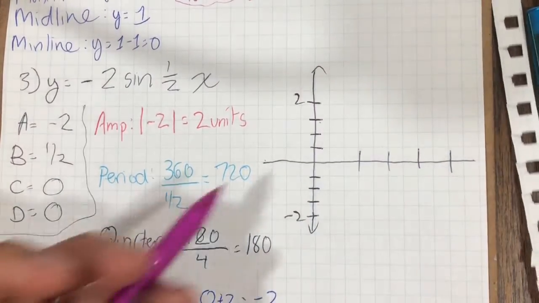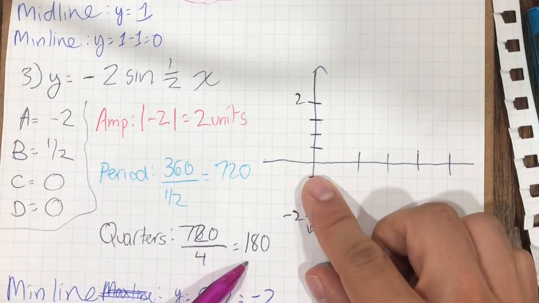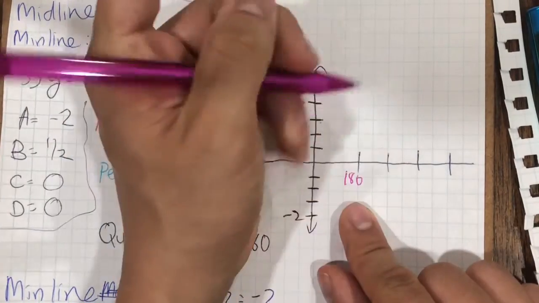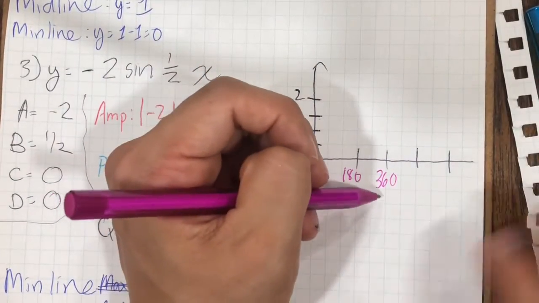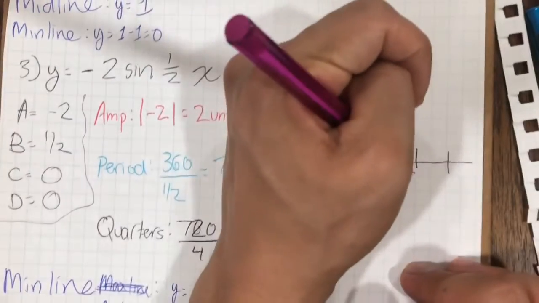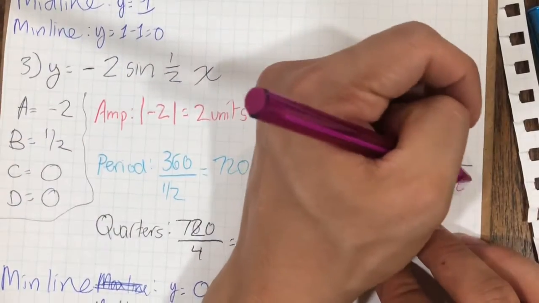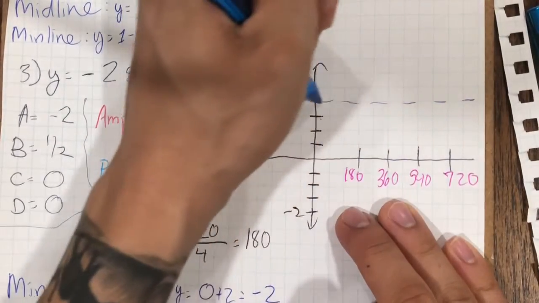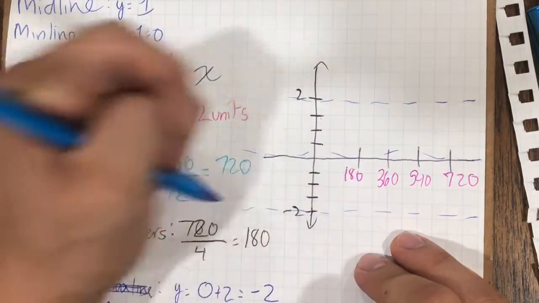Oh, and then let me label the x values. So we go from 0, and then the quarters are 180. So 0 plus 180 is 180. 180 plus 180 is 360. 360 plus 180 is 540. 540 plus 180 is 720. All right, so we have all my y values. And then draw the lines, the max line, the mid line, and the min line.